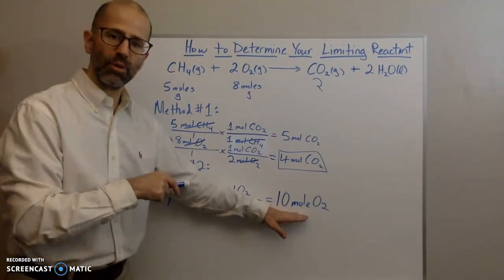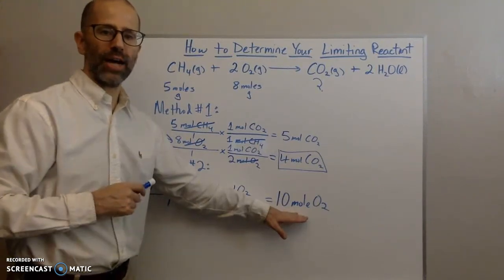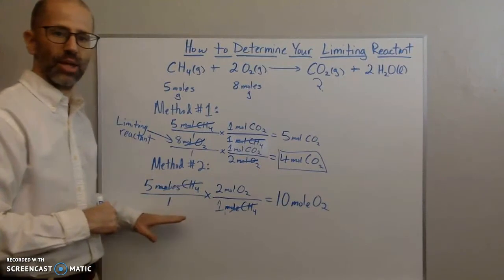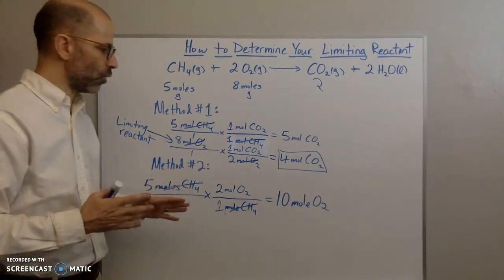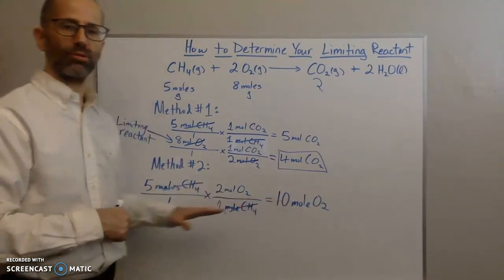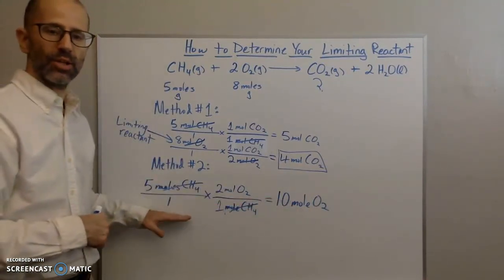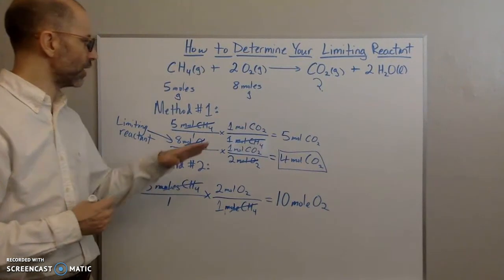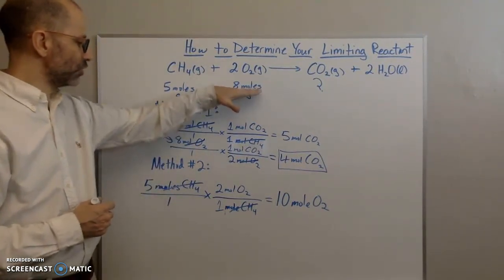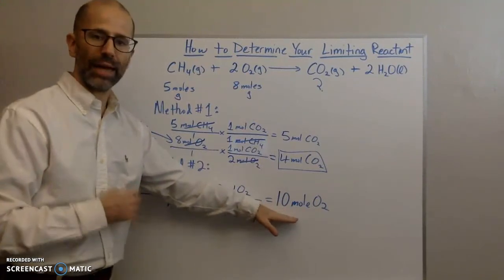Do I have 10 moles of oxygen? If I have 10 moles of oxygen, then I have enough oxygen to completely react with the methane. If I don't, then I'm going to run out of oxygen first before I react with all my methane. So how many do I have? I have 8 moles of the oxygen. That's less than what I need.